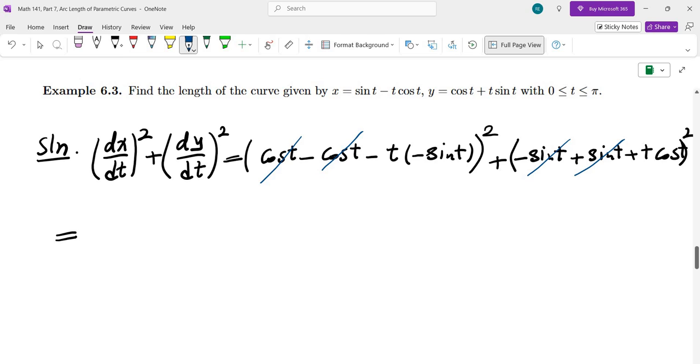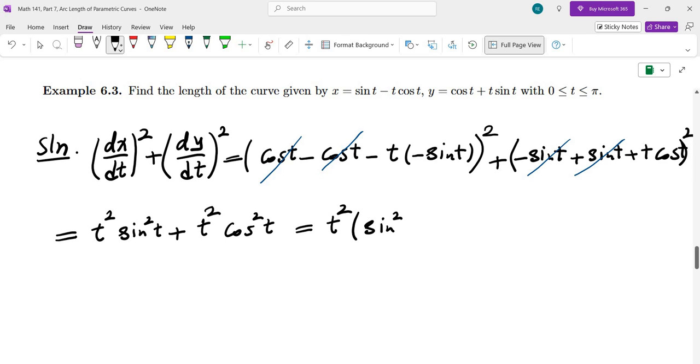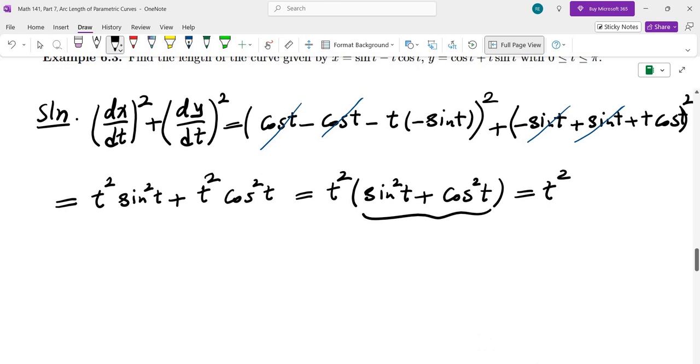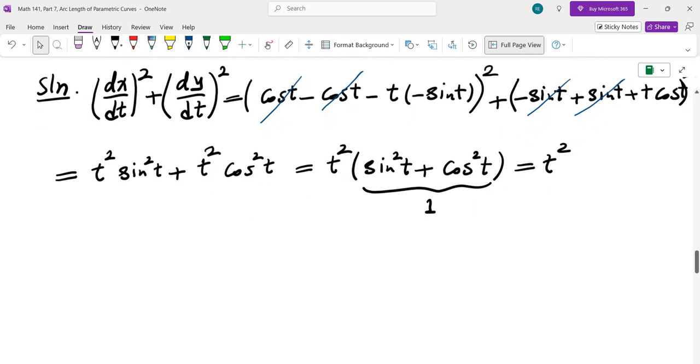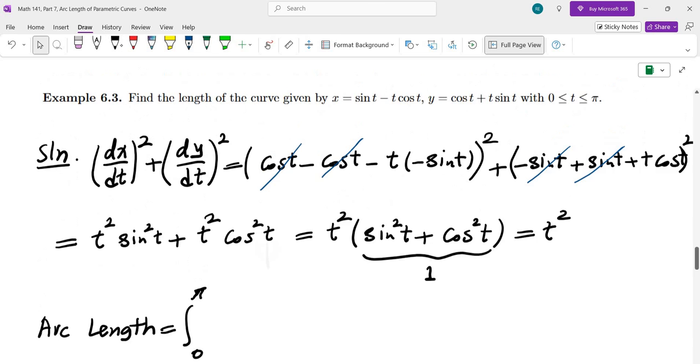These guys also cancel. This is going to become t squared sine squared t plus t squared cosine squared t. We can factor t squared. We get sine squared plus cosine squared, which is 1. So that is going to be t squared. So that means arc length is integral from 0 to pi, which is what they gave us.